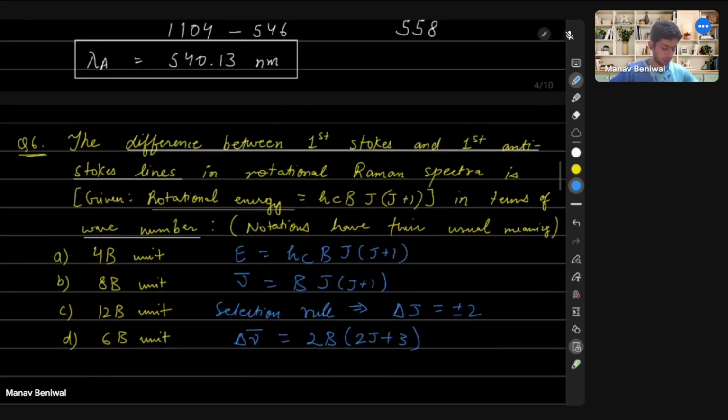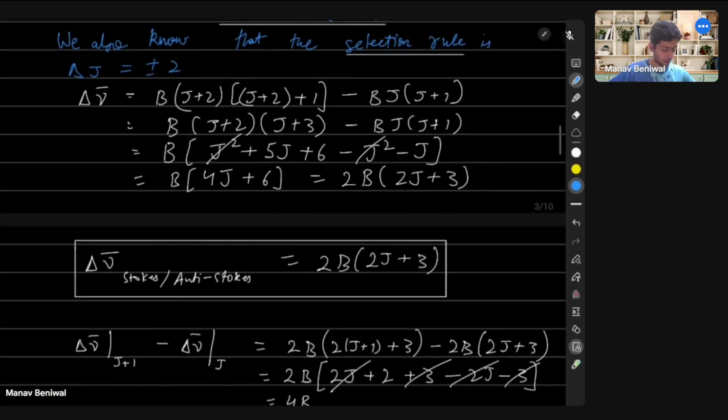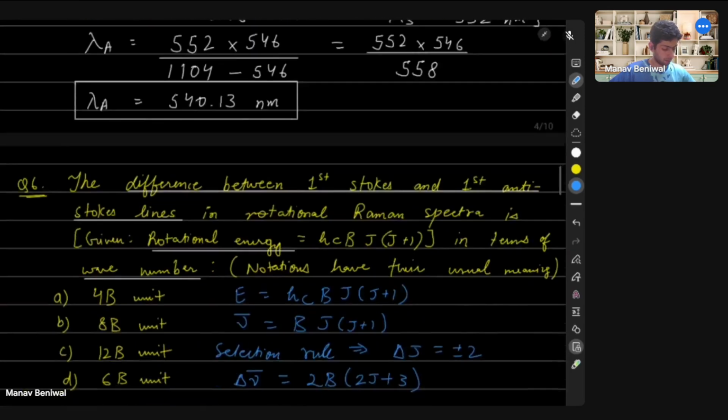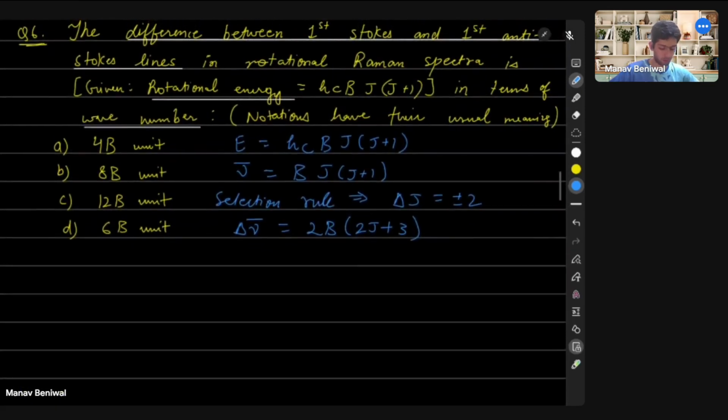Let's check. Yes, this one. So we start with the same equation for nu bar, put the selection rule in, that delta J is plus or minus 2, and then we solve for this delta nu bar. We just plug in, simplify, and we get this value, 2B times 2J plus 3. So this much we have already figured out.